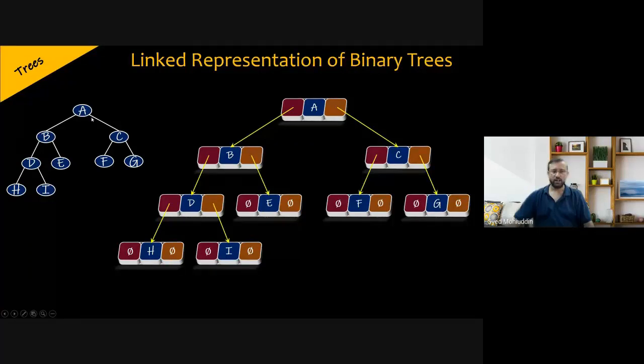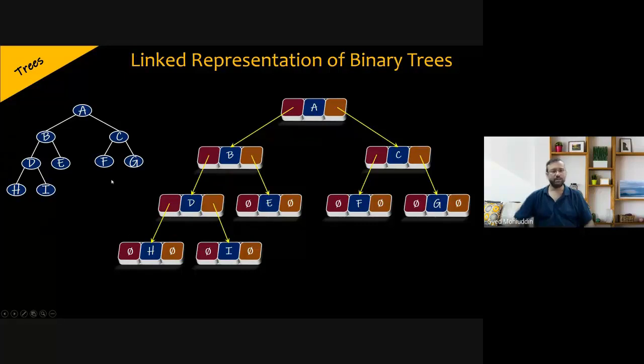If you look at this example tree, A is the root node, and B is the left child of A. So there is a link from node A to node B. Similarly, C is the right child, so we have a link to node C as the right child of node A. This process continues, and at the end, the nodes H and I are leaf nodes, as well as nodes E, F and G. So the leaf nodes' left and right addresses will be null.